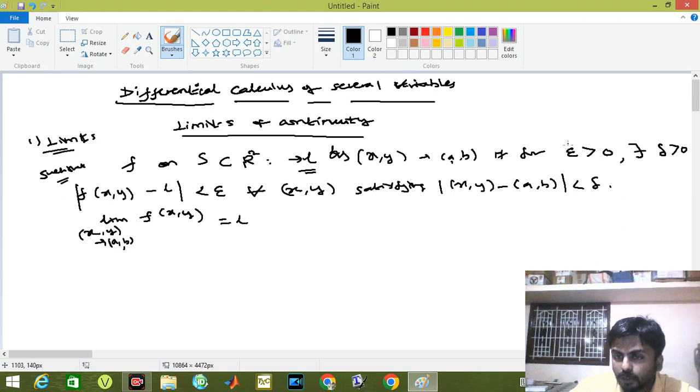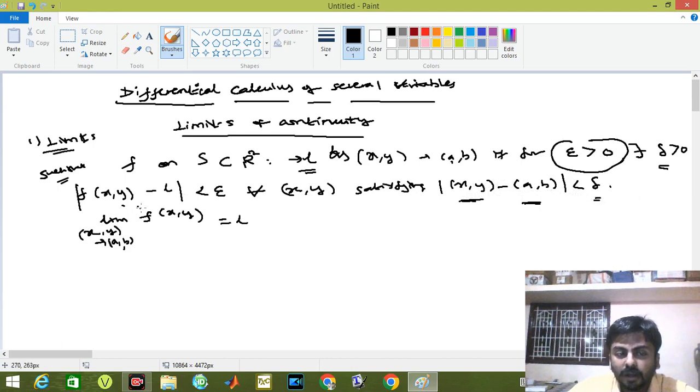This epsilon defines the difference between the limit and the function. This delta defines the difference between the given point and the assumed point. The difference between x and a, and y and b, should be less than delta.